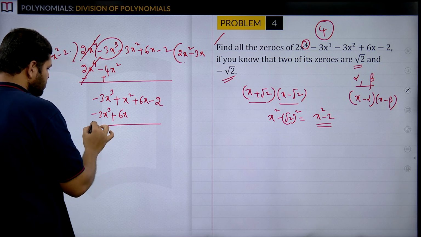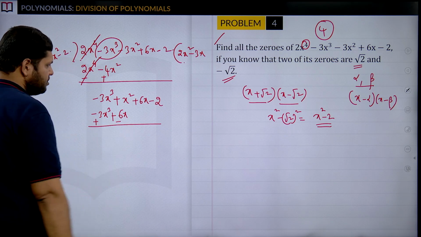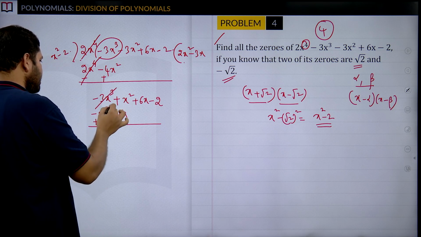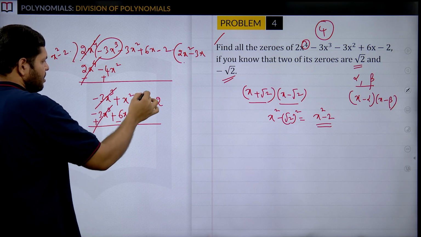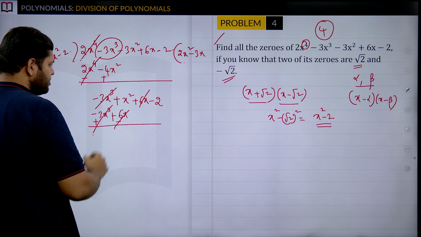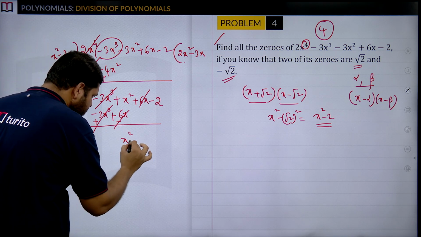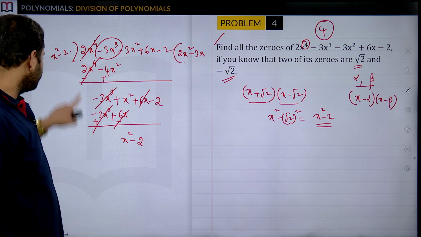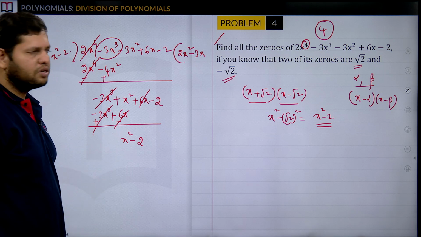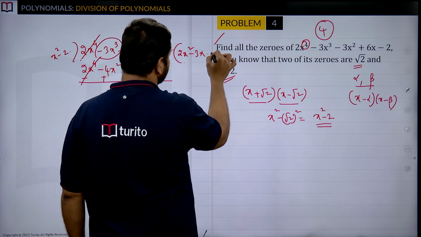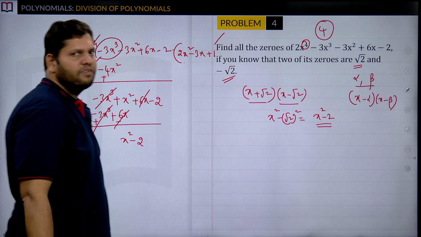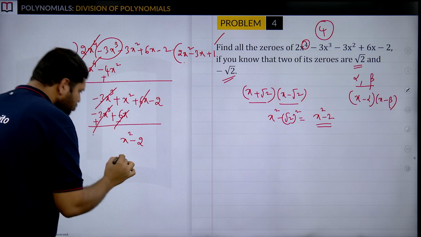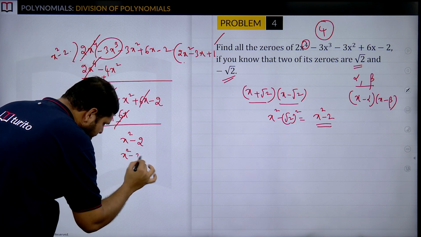Now subtraction, children. Plus and minus: plus 3x power 3 minus 3x power 3 cancel, plus 6x minus 6x cancel. This leaves x square minus 2. Children, this is also x square minus 2, so simply you multiply with a plus 1. Now multiplying only by plus 1, 1 into x square minus 2 is x square minus 2 only.